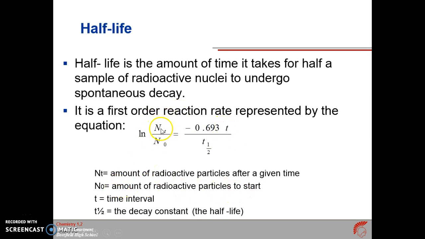N sub 0 is how much you started with, and t to the 1/2 is the half-life. So much time, I start with this amount, so much time goes by, and I wind up with this amount. That's basically what this equation is letting you do. This negative 0.693 is the natural log of 1/2. So that's where that comes in.